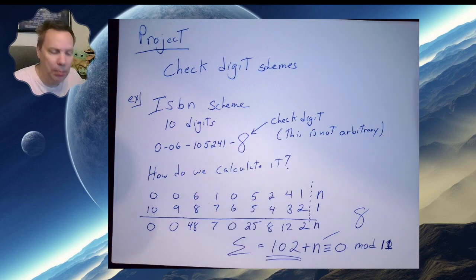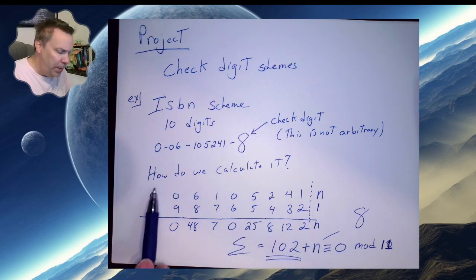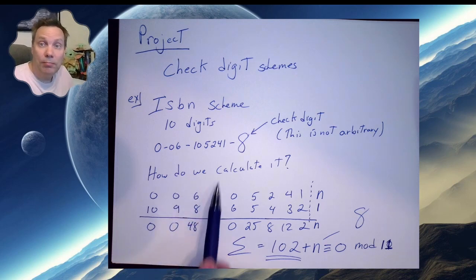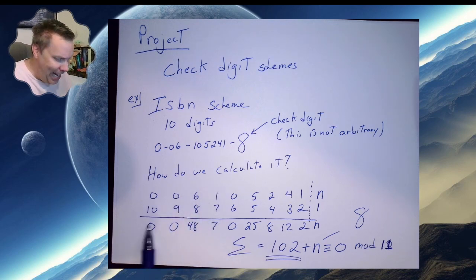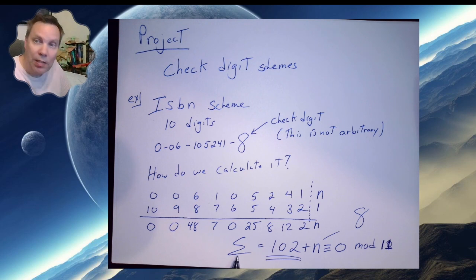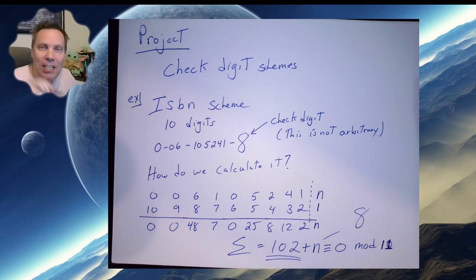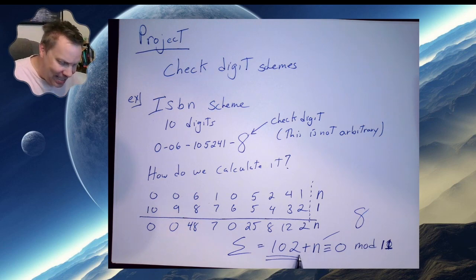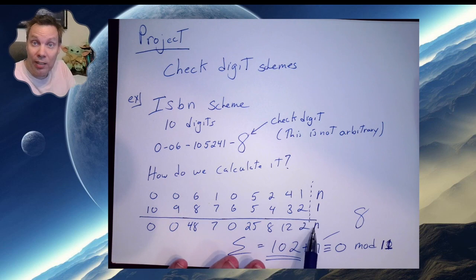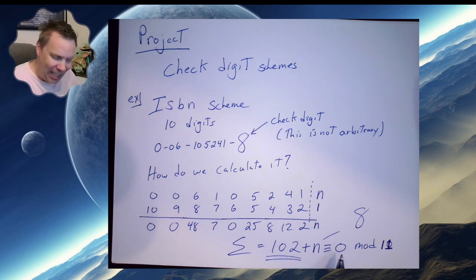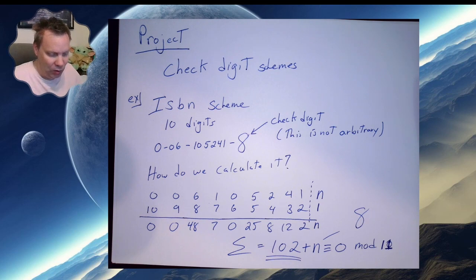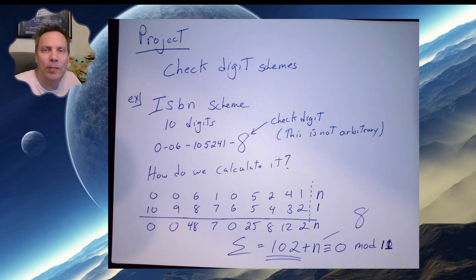But why is it going to be 8? If I do all these multiplications and then add them all up, that's what the sigma means, I get 102 plus n. Now, the ISBN scheme says this sum, including the check digit, has to be 0 mod 11. Well, think about your multiples of 11.